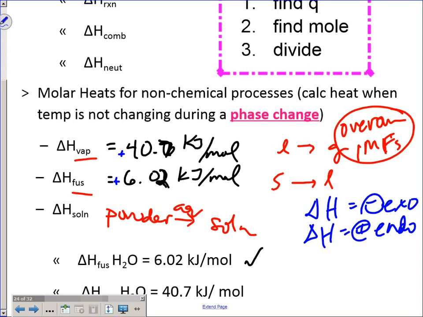But if I reverse this, what's the opposite of vaporization? Condensation. Okay, so delta H of condensation, would that be opposite? I mean, that would be a negative value. The same number applies though. And then delta H of, what's the opposite of fusion? Say it again? Freezing.